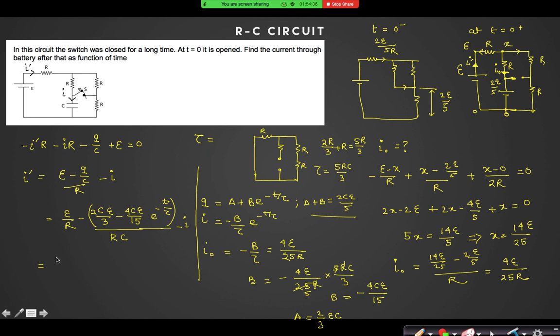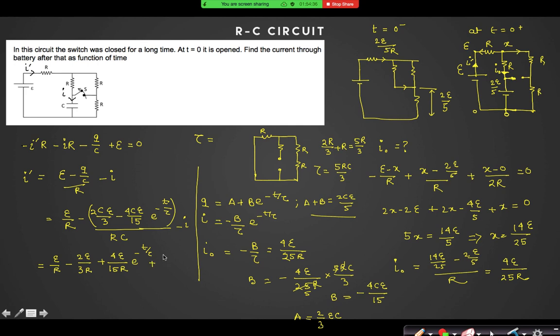So that is E by R. If you just calculate it, C will get cancelled out. So 2E by 3R, then it will be plus 4E by 15R e power minus t by tau, minus I is plus B by tau.